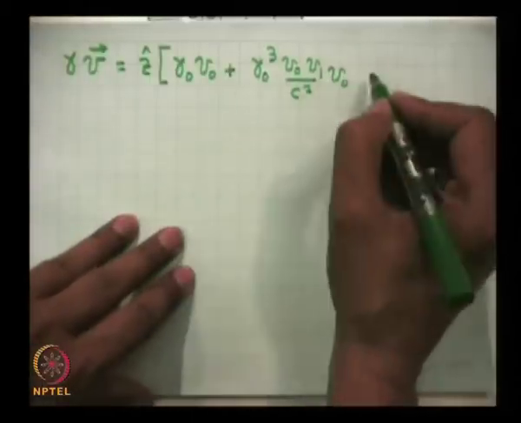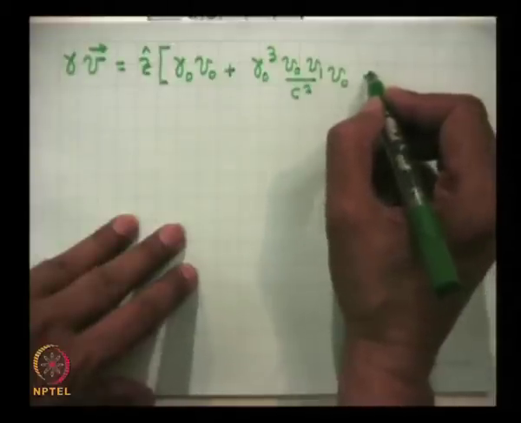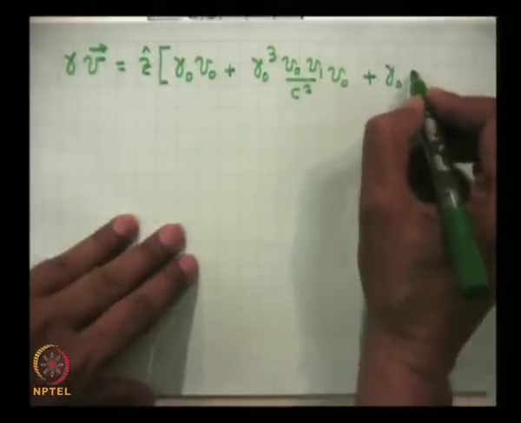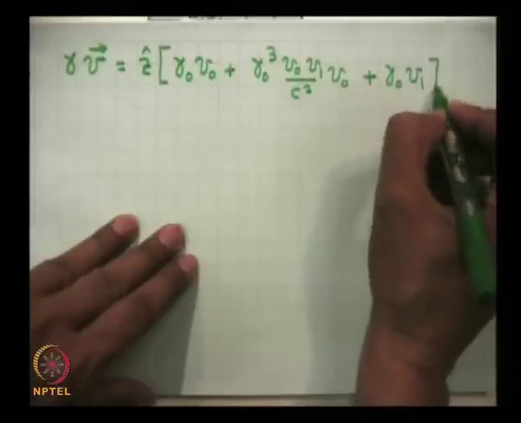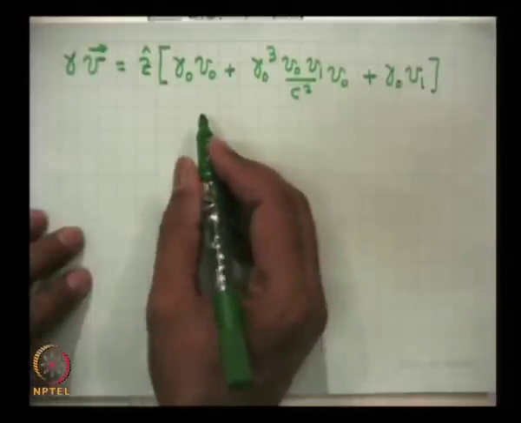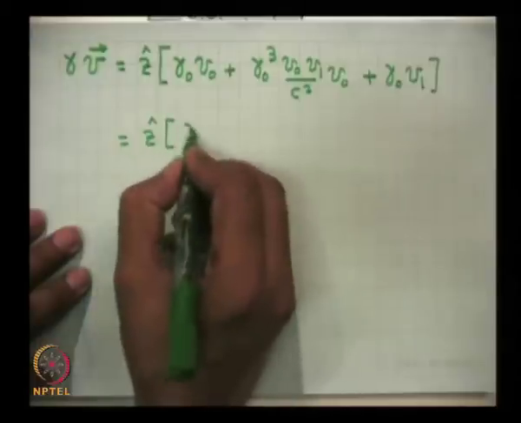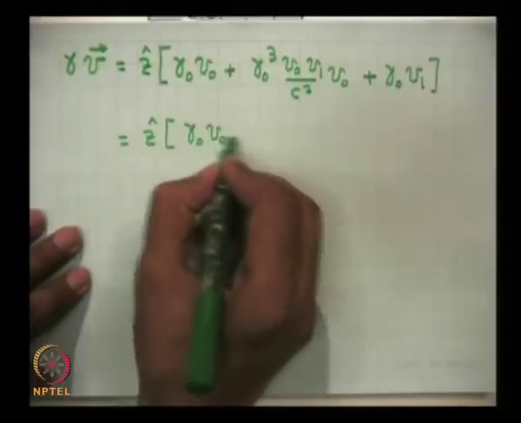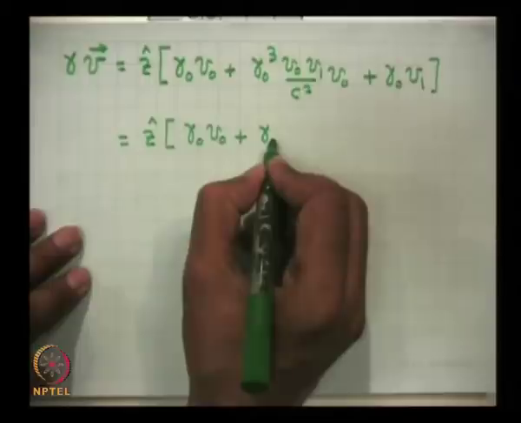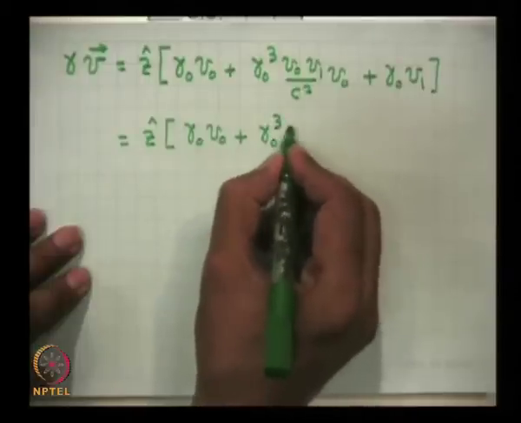This is the one thing, plus gamma 0 into V1. When you combine these terms, it is equal to z gamma 0 V0 plus gamma 0 cube V1.